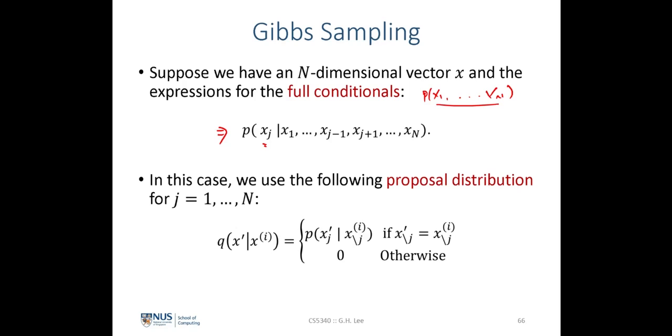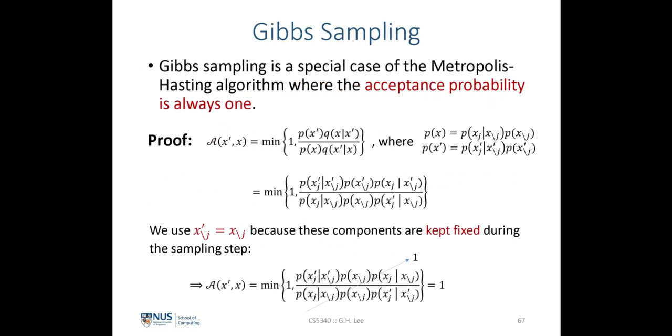We simply let the proposal distribution Q of x prime conditional upon x, the previous sample, be equal to the conditional probability of xj conditioned upon all the other random variables in the graphical model except for xj itself, or otherwise 0.